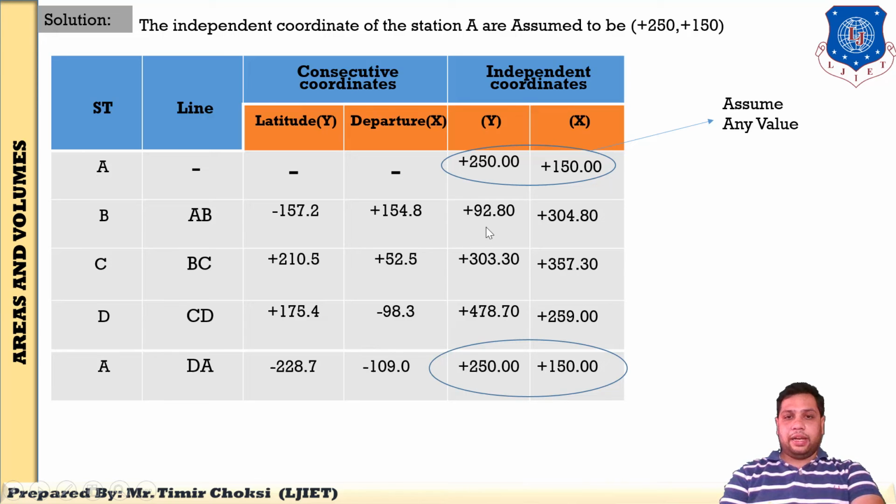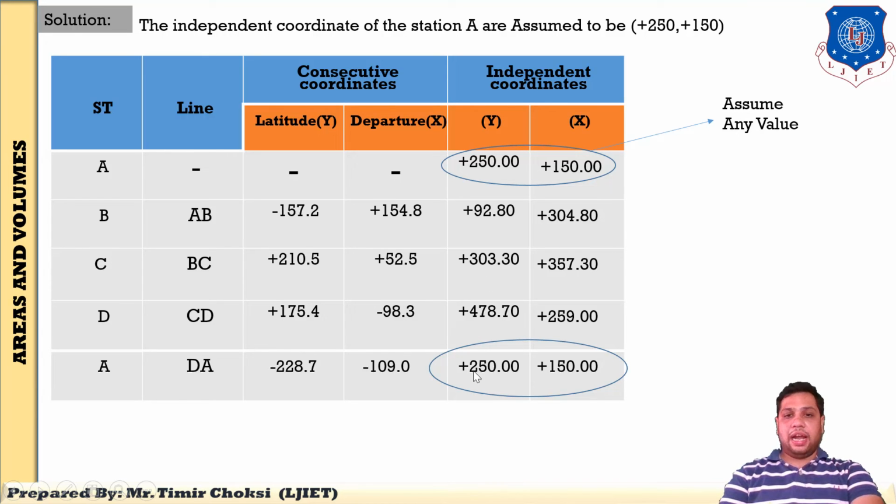Next, 92.80 and the latitude of line BC is 210.5 in a positive manner, so add them: 92.80 plus 210.5 gives 303.30, plus 174.5 gives 478.70, and last 478.70 minus 228.7, because the last one is in a negative form.